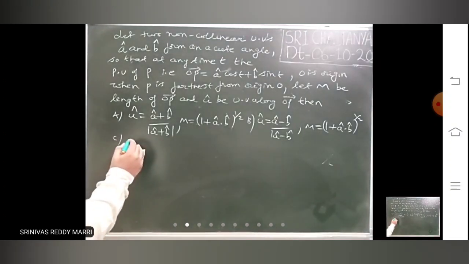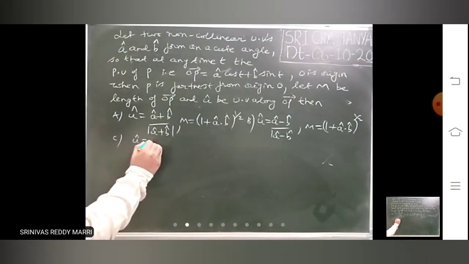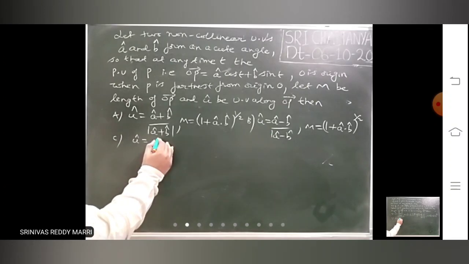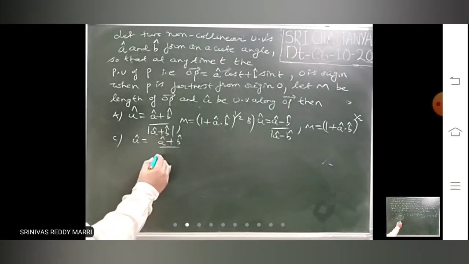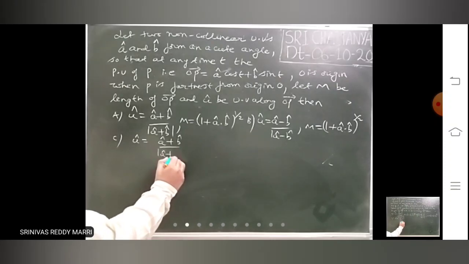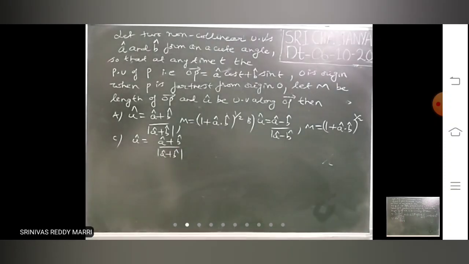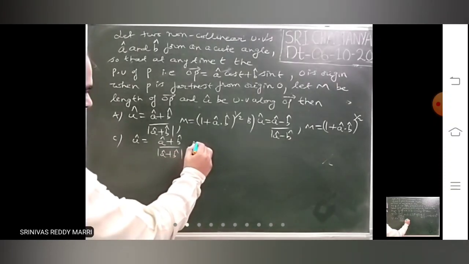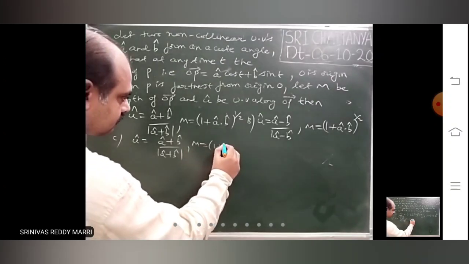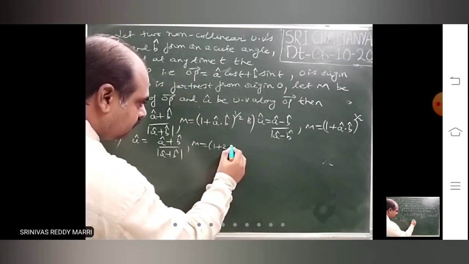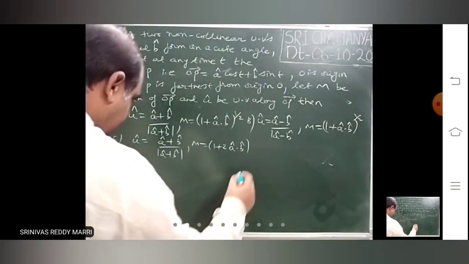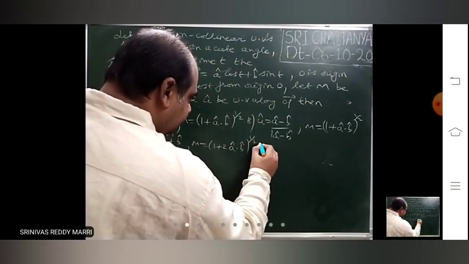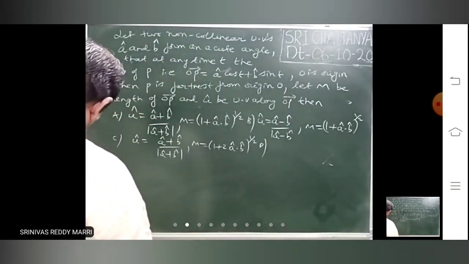C option, U cap equals A cap plus B cap divided by modulus, M equals 1 plus 2 into A cap dot B cap to the power 1 by 2. Then D.